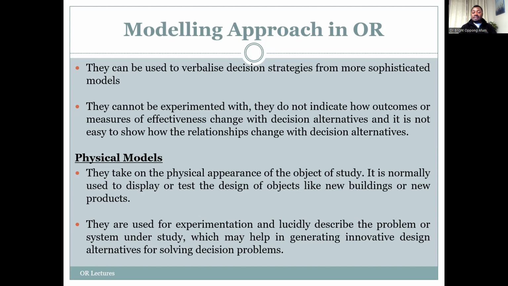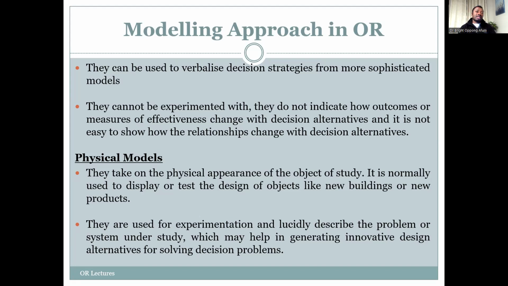Then the second type of model is the physical models. Physical models are very common. They take on the physical appearance of the object that is being studied. So let's say we are studying houses or aeroplanes.